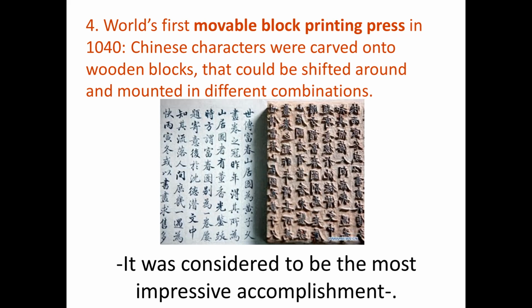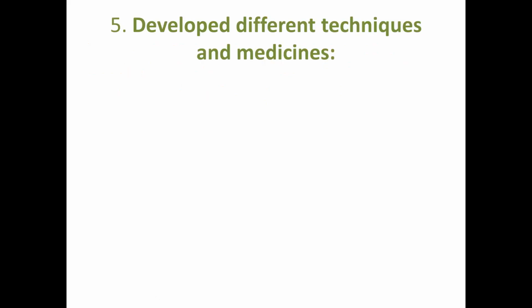The most impressive accomplishment. Why? Because it gave them more time, they did not have to rewrite books, and it didn't take that much effort. So it was the most incredible accomplishment for the Tang and Song dynasties, which is what? The world's first movable block printing press. It was at that time in 1040.